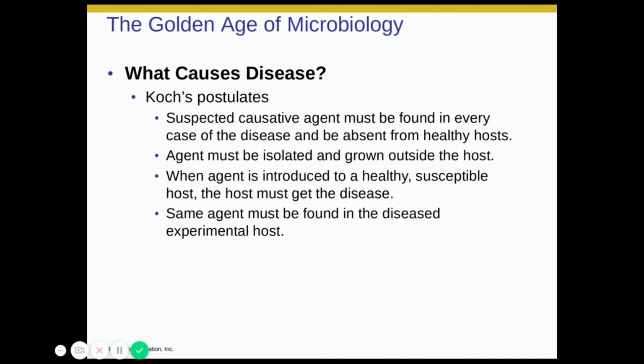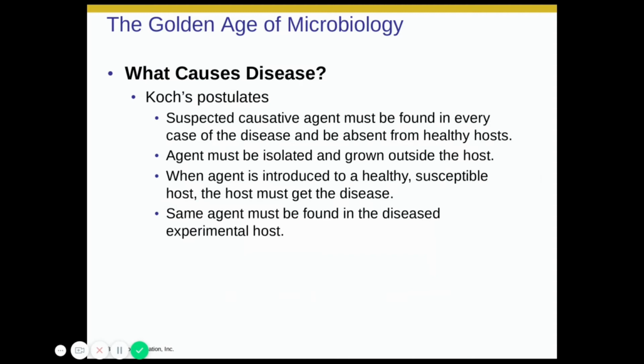So what do these postulates actually say? Basically, if you believe that a certain microbe is the causative agent, it has to first be found in all of the individuals that have that disease, and it can't be found in individuals that don't have that disease.